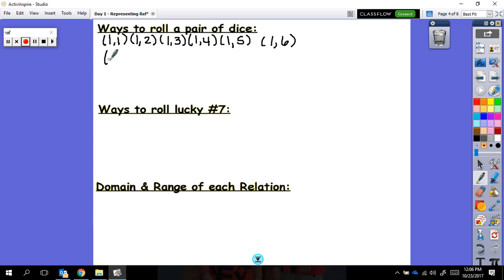And then we can have 2, 1, because that's different, left die, right die, or blue die, red die, 2, 2, 2, 3, etc. And then you would have 3, 1, etc. and 4, 1, and then 5, 1, and 6, 1. Okay, all the way.